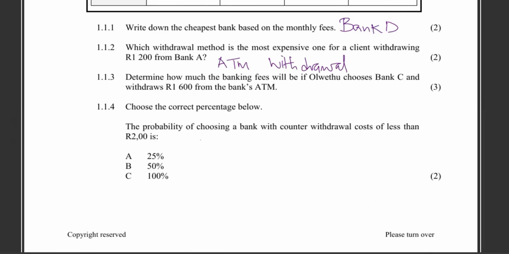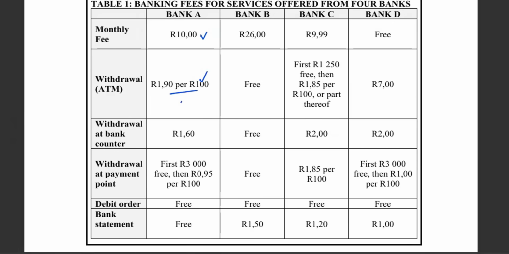Determine how much the banking fees will be if Ored chooses Bank C and withdraws 1,600 from the bank ATM. Bank C is this one, withdraw from ATM. This is the method you're going to use. It says 1,250 is free.